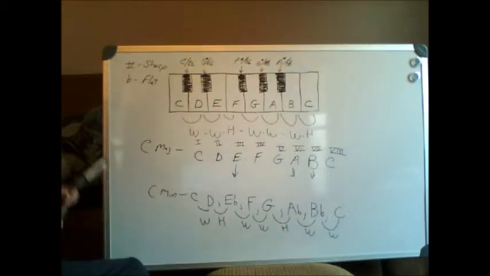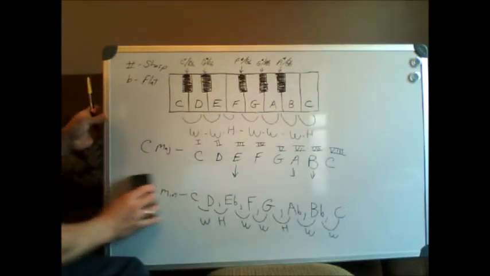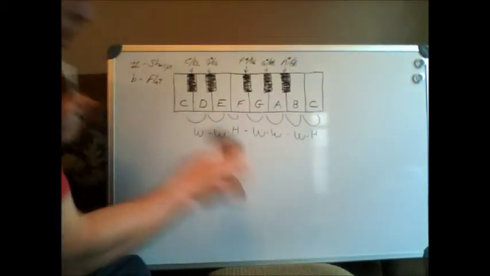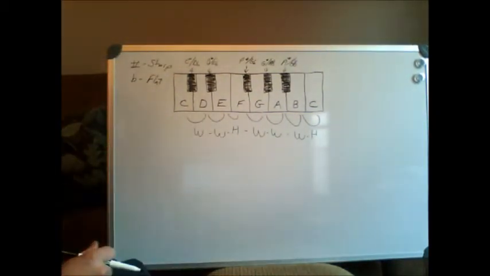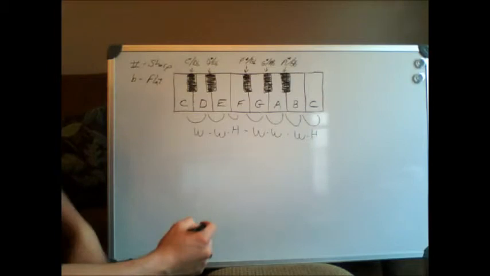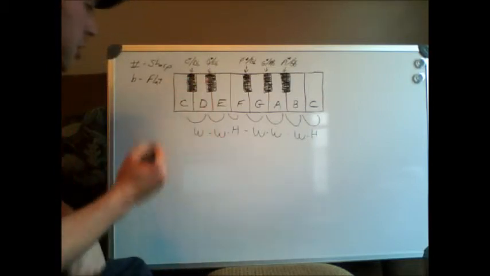All right. Pretty simple. Let's do one more just so you can understand how to do it. We'll do G again because it's a very common guitar key to play in. So let's go with a G major and then we'll do the G minor.